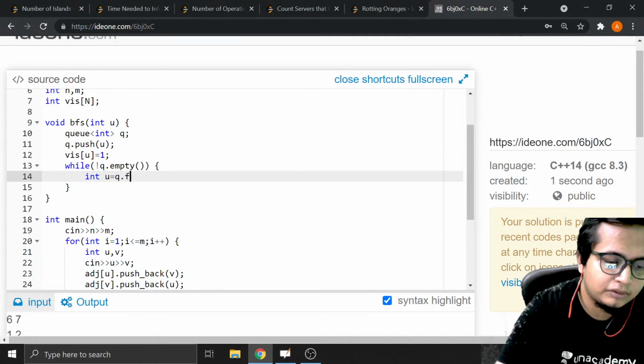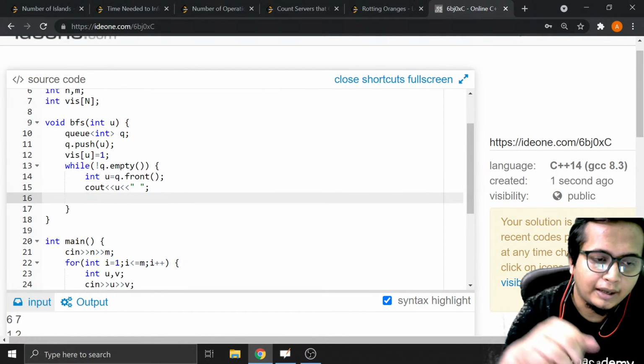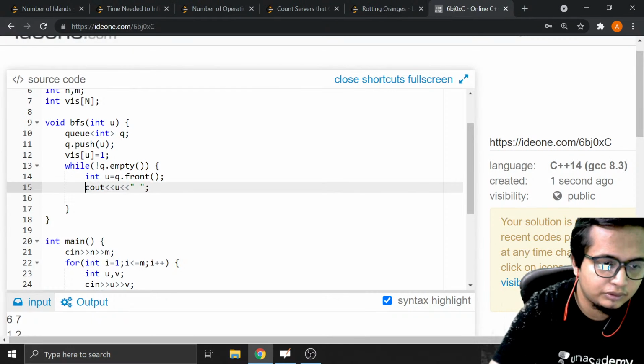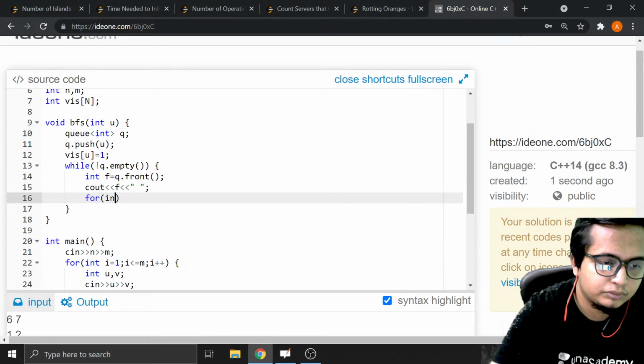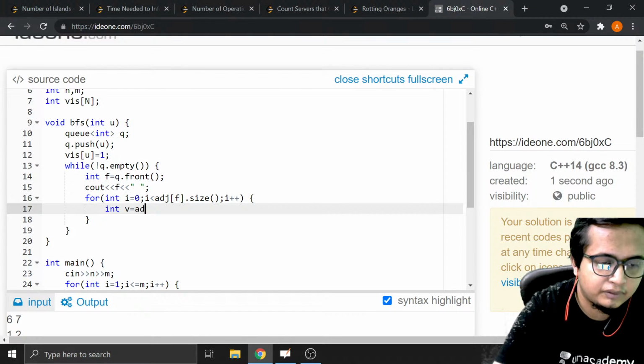Then I pop the frontmost node by queue.front, and I'll print it out. Then I would traverse the adjacency list of f, since we have already used u. So for int i equal to 0, i less than adj of f dot size, i plus plus, and let us say int b, I store it over here as adj[f][i].